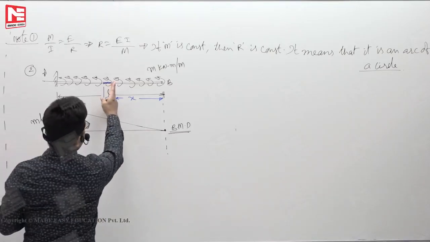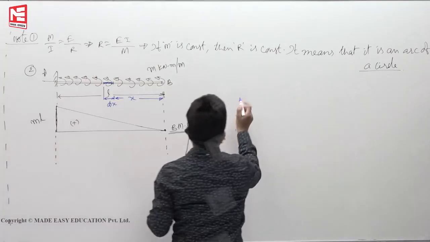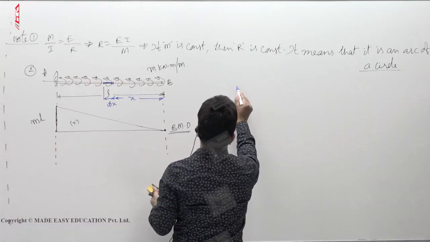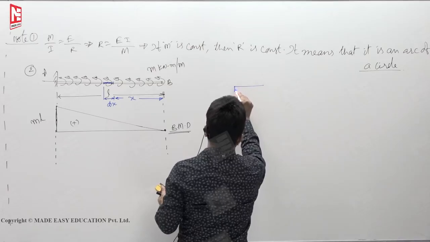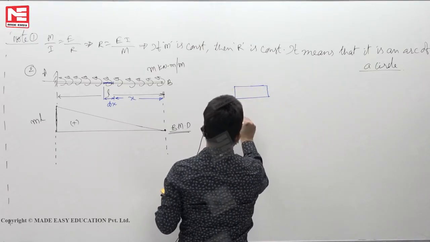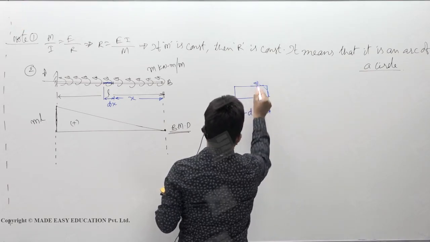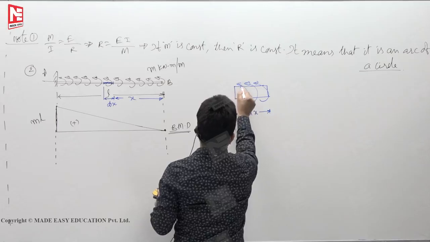What we have to do? Cut here, pluck it out. When you pluck it out, it looks something like this. This length is dx, subjected to a moment m.